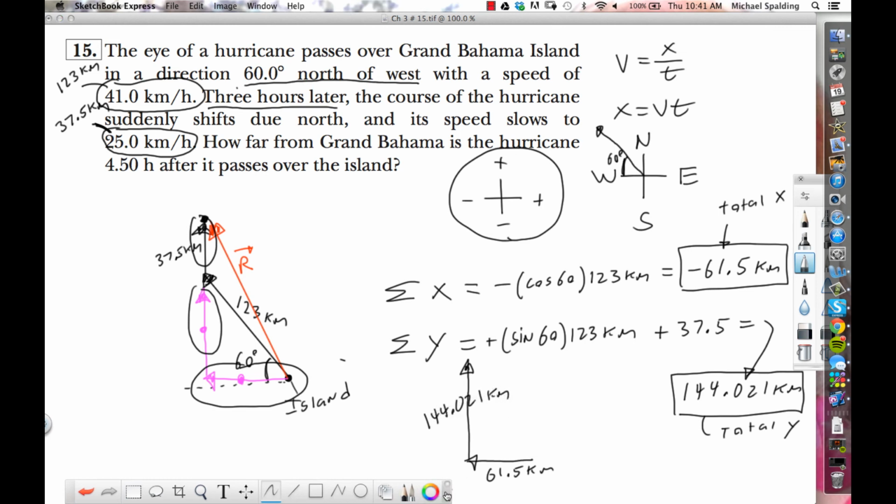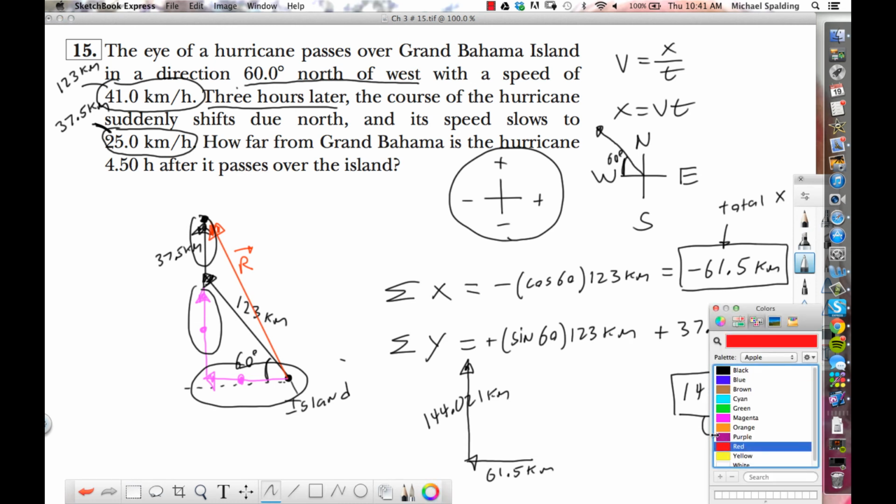The answer we're looking for, in red, is the hypotenuse, called the resultant. So how do we get that resultant? The Pythagorean theorem, which I'm not going to show, you guys can do it: 156.6 kilometers.